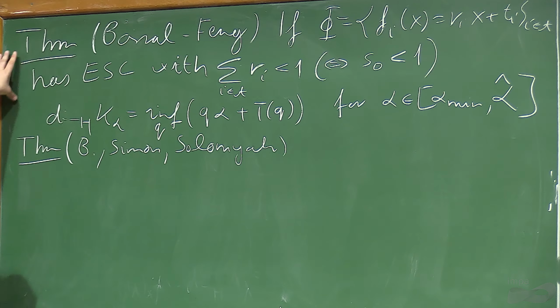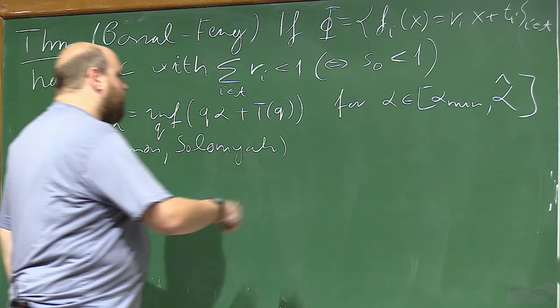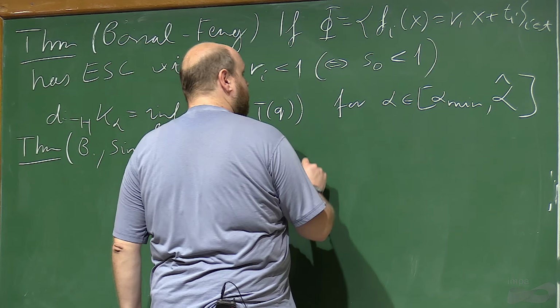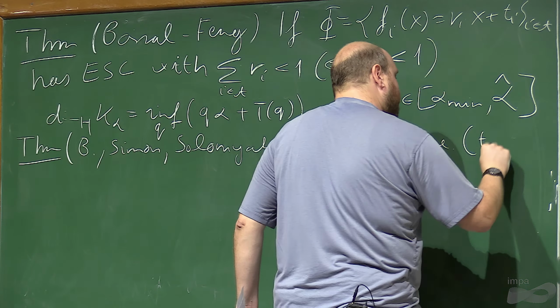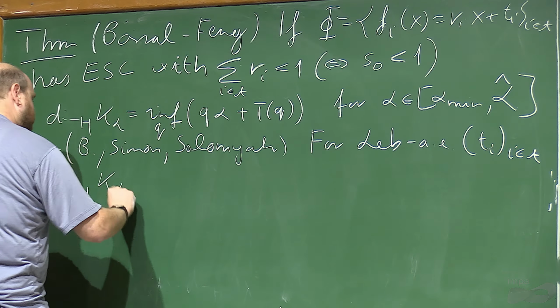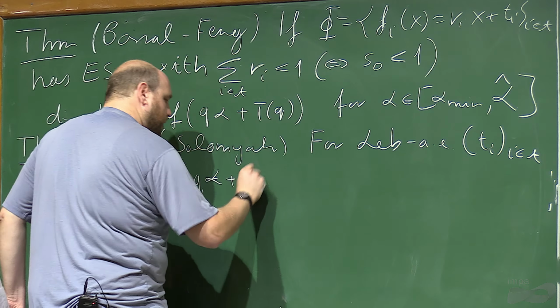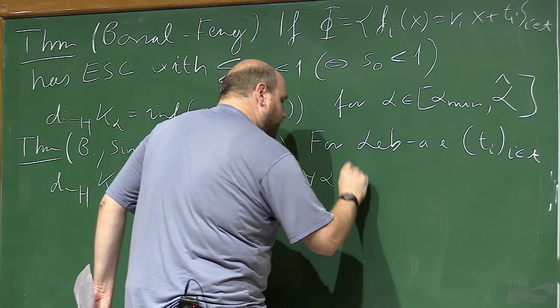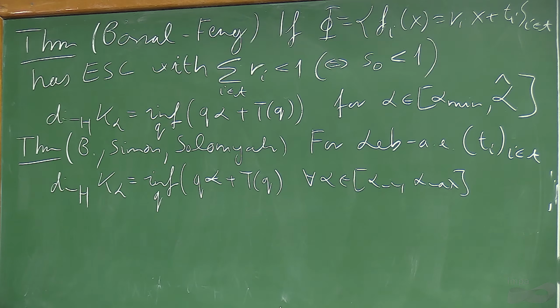Of course, this is just a special case of Bárány and Feng, who have a more general setup. I just stated here the corollary for this system. But we showed that under the same conditions, for Lebesgue almost every choice of the translation parameters, the Hausdorff dimension of K alpha is what you expect it should be for every alpha between alpha min and alpha max. So you can have the full spectrum.